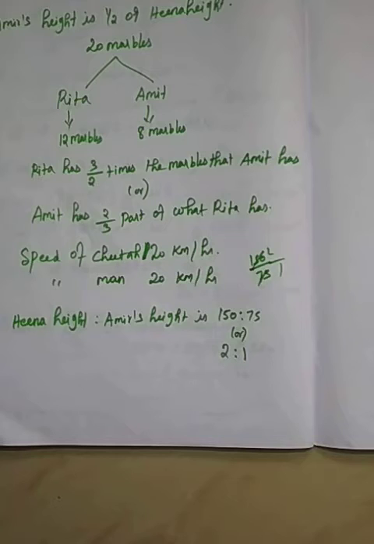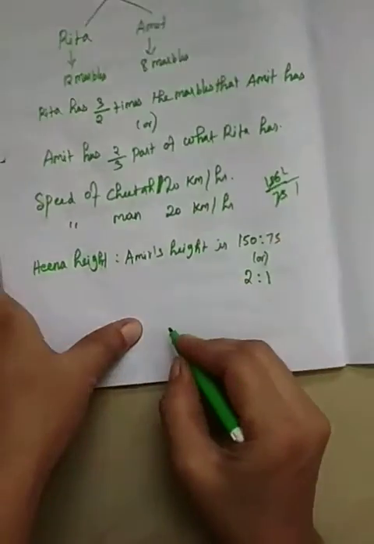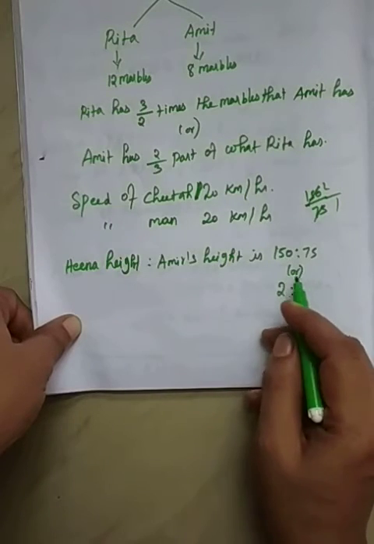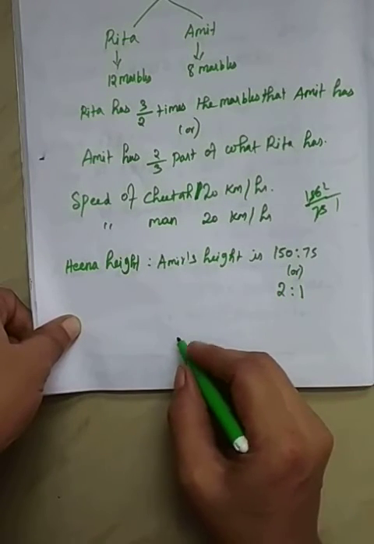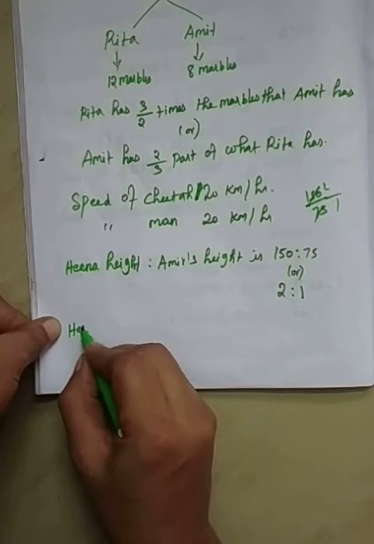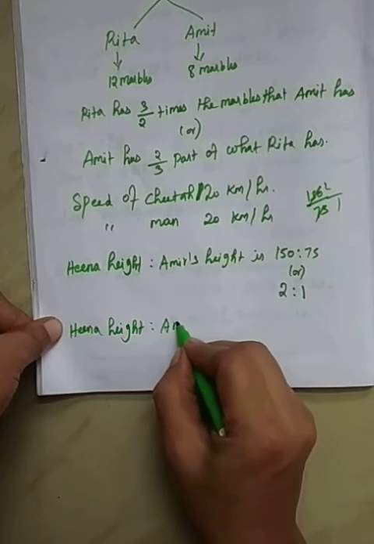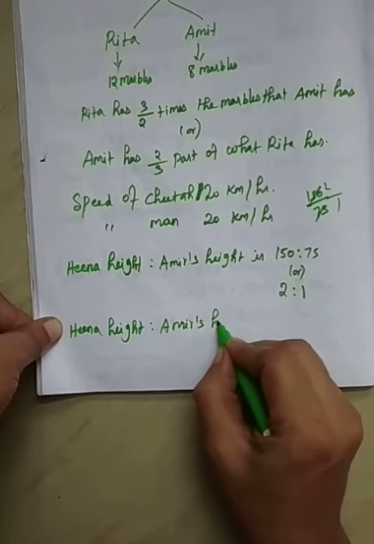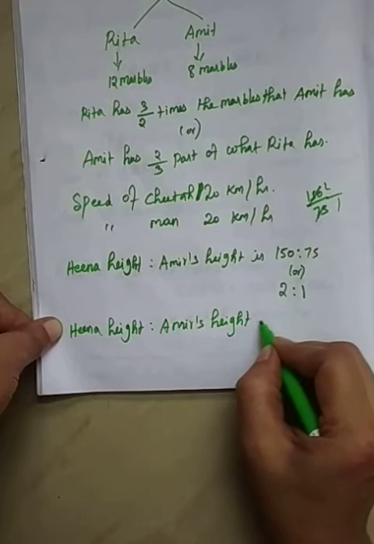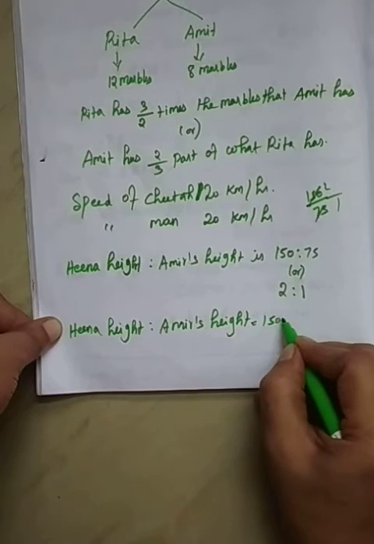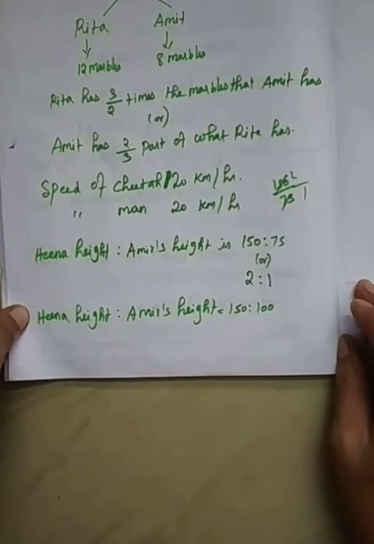If Hina's height was 150 centimeters and Amir's height was 100 centimeters, then the ratio of the heights would be Hina's height is to Amir's height is equal to 150 is to 100. Okay.